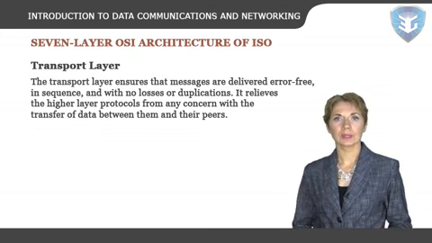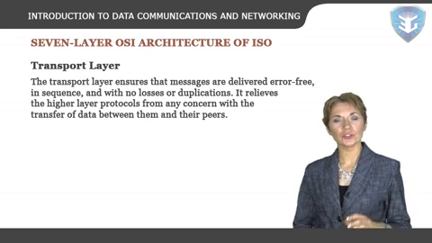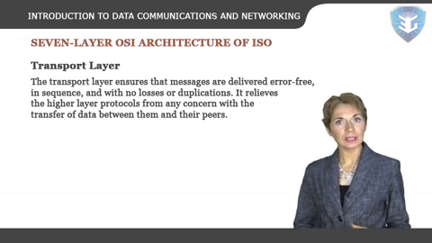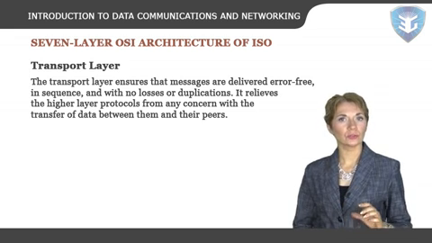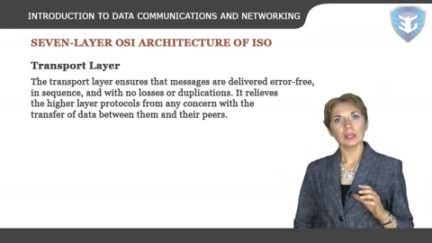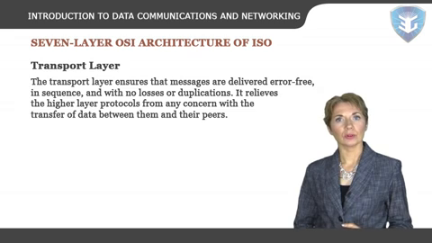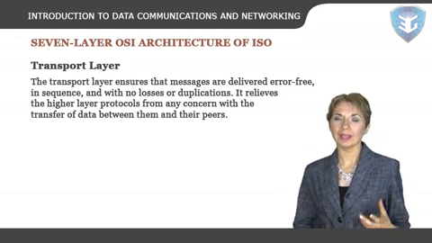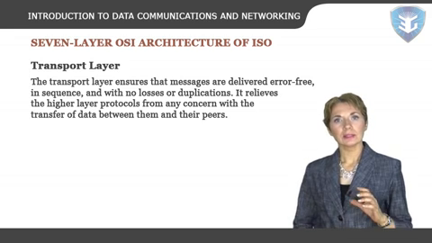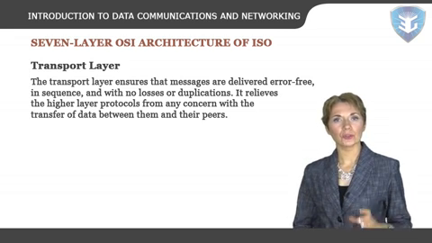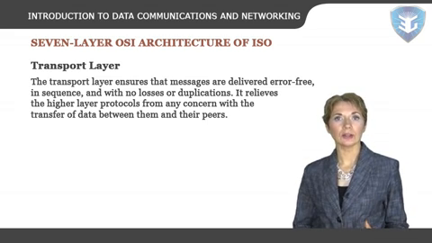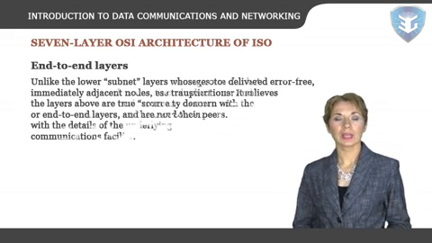Transport layer. The transport layer ensures that messages are delivered error-free, in sequence, and with no losses or duplications. It relieves the higher layer protocols from any concern with the transfer of data between them and their peers. The size and complexity of a transport protocol depends on the type of service it can get from the network layer.